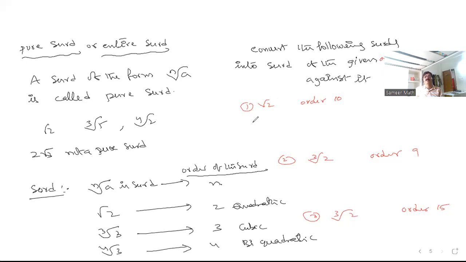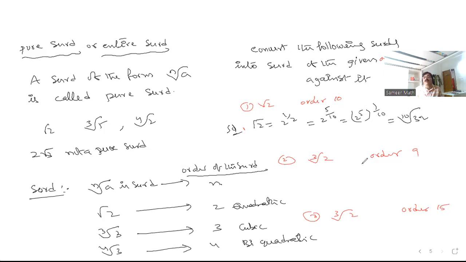How? Solution. Root 2 can be written as 2 to the power of 1 by 2. Here I multiply by 5 and divide by 5, so 10. So 2 to the power of 5, whole to the power of 1 by 10, can be written as the 10th root of 32. So we converted root 2 to order 10.